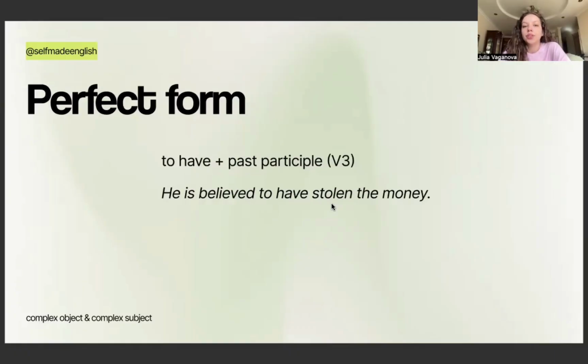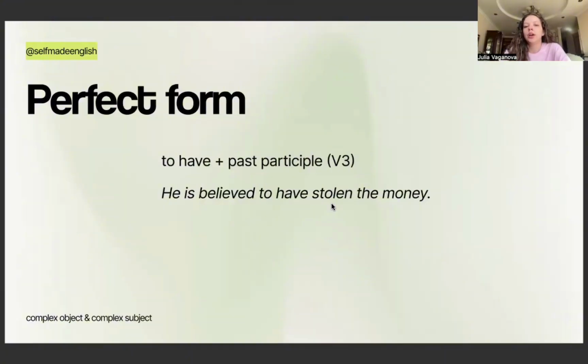All right, so there is even one more form that you can use after to, which is going to be the perfect form, perfect infinitive form, and it is to have and the third form of the verb. Let us see the example. He's believed to have stolen the money. This form refers us to the past, right?